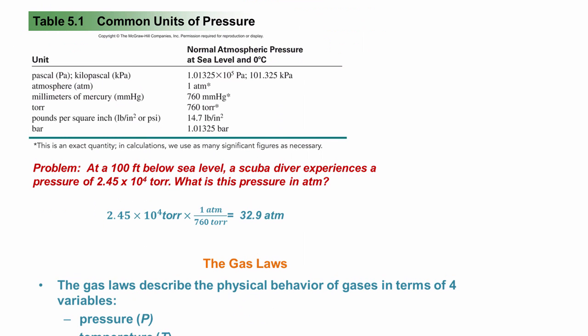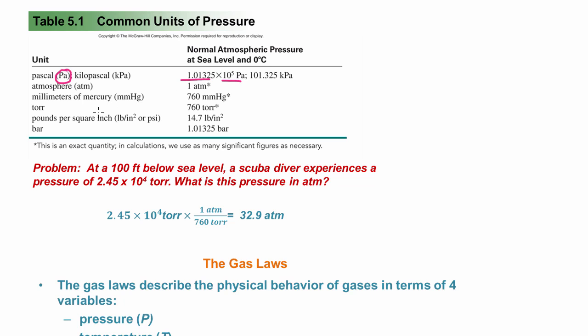Let's take a look at some common units of pressure, and here they are. The SI unit for pressure is the Pascal, and 1.01325 times 10 to the 5 pascals is equal to 1 atmosphere.